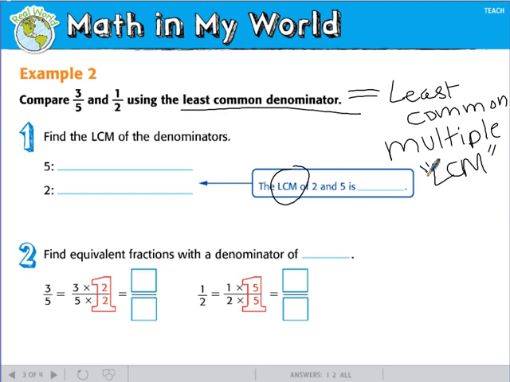They're the same thing. So last night we did least common multiples, correct? Today we're doing the same thing. After we're done, we're going to see whether or not the numerators are different. Okay? So 5 and 2.